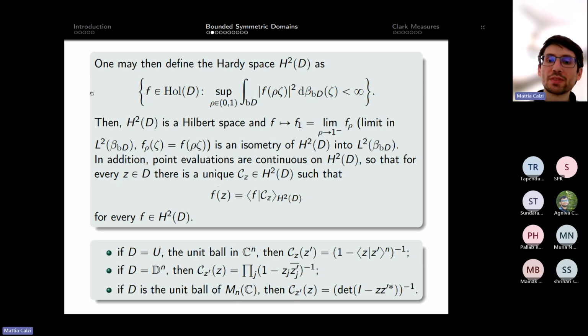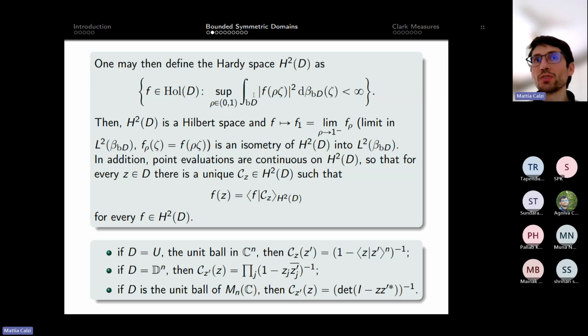In order to have some analog of the Poisson kernel, I need to briefly discuss the Hardy spaces in this setting. So in this case, I use the Smirnov definition of Hardy space, and so require H2 to be the space of holomorphic functions on D whose dilates are uniformly bounded in L2 of the Shilov boundary with respect to the canonical measure that I defined before.